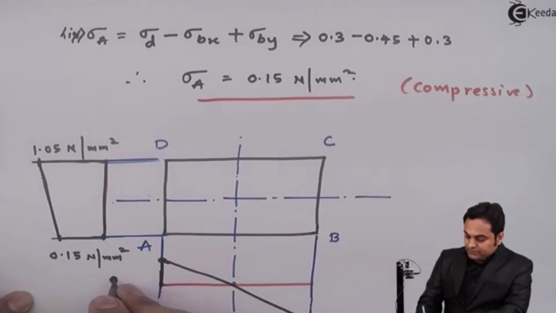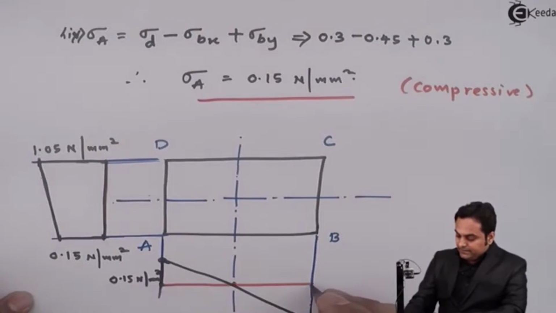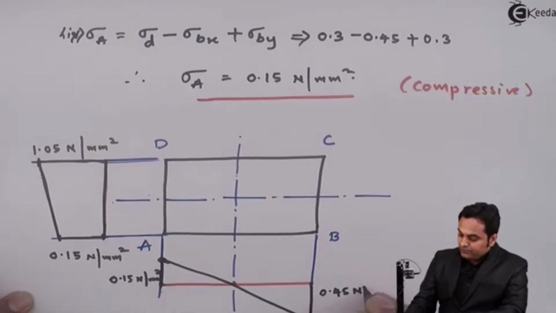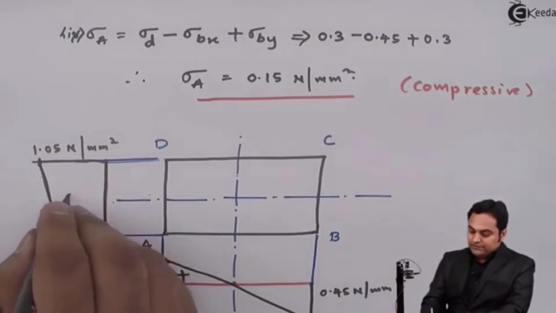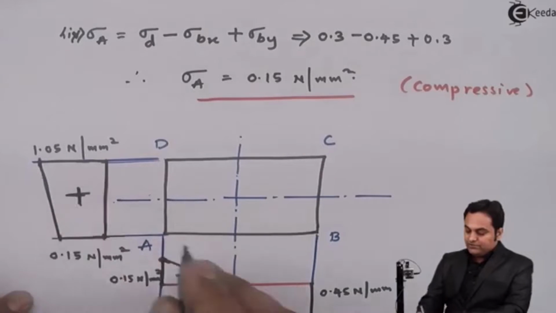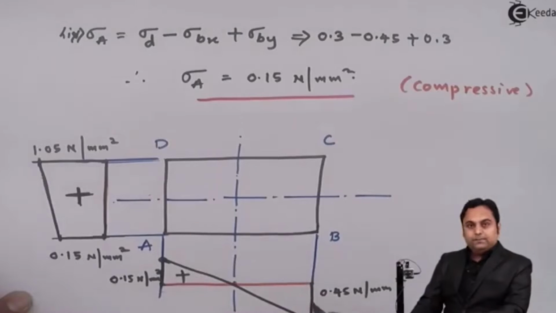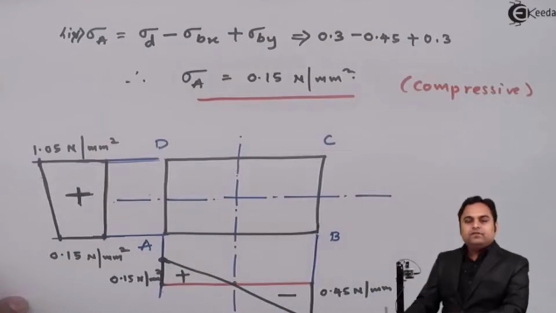At A it is 0.15 Newton per mm square. At B the value is 0.45 Newton per mm square. But for A it is positive because it is compressive stress. Here also these both the stresses were compressive, so positive. But at B it is negative since it is tensile.